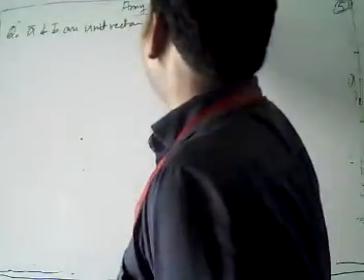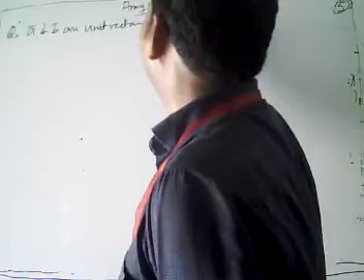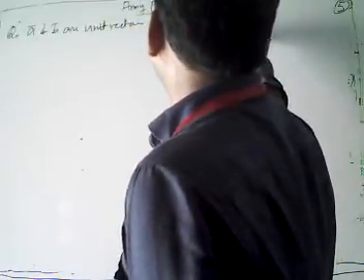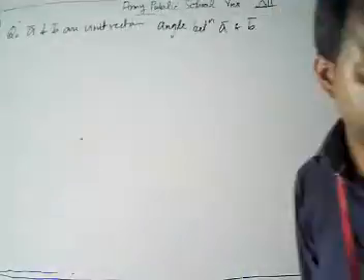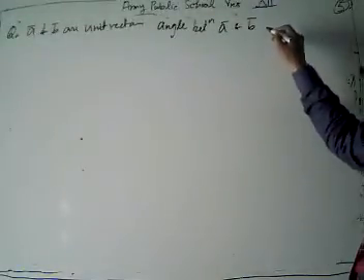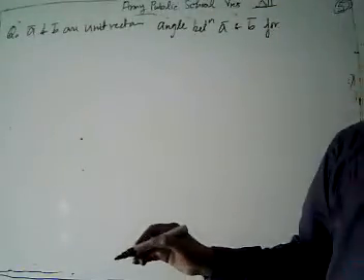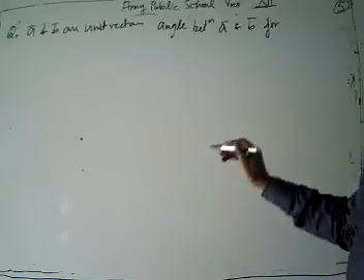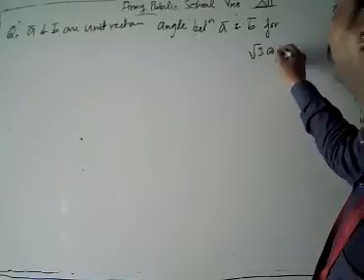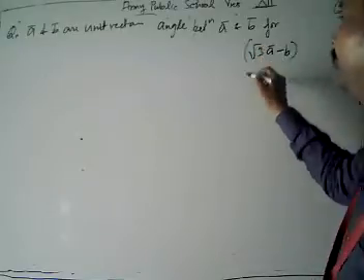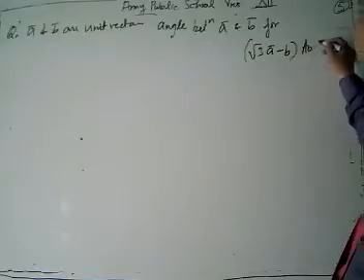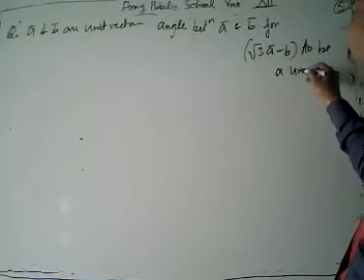We have to find the angle between vector A and vector B, for which it is given that root 3 vector A minus B is a unit vector.